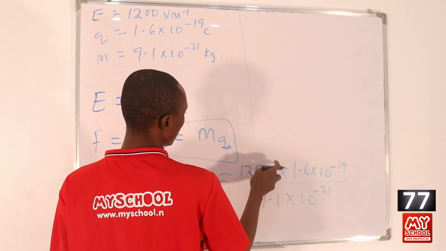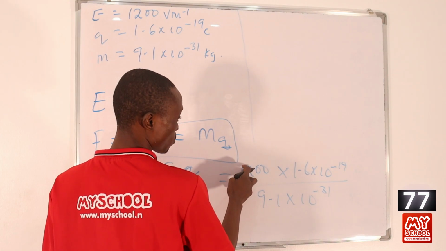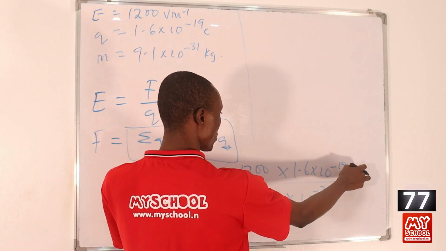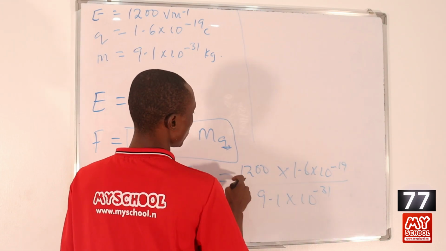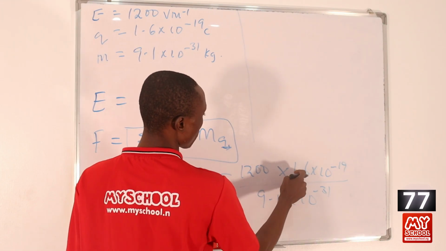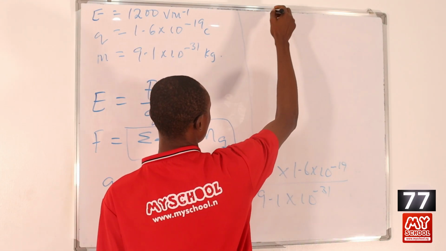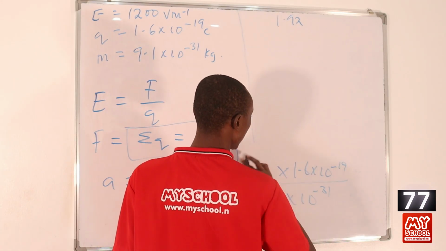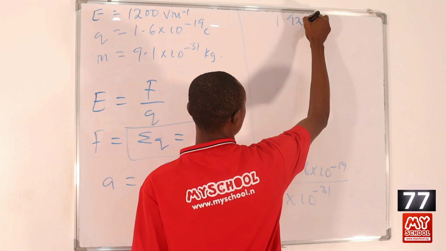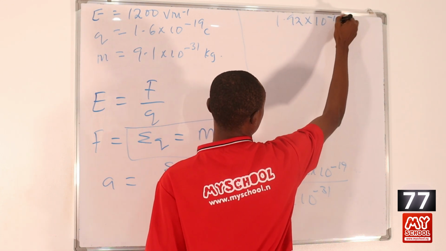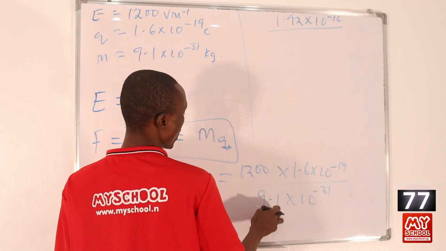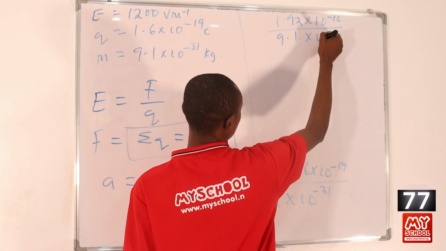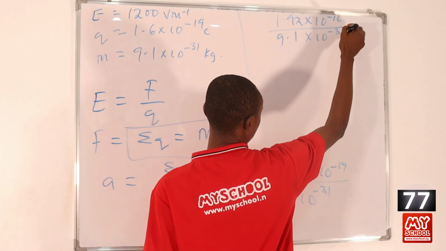If we multiply, this moves 3 decimal places and it's positive, so adding 3 gives minus 16. 1.2 times 1.6 equals 1.92. So the whole numerator equals 1.92 times 10 raised to the power minus 16, divided by the denominator, which is 9.1 times 10 raised to the power minus 31.